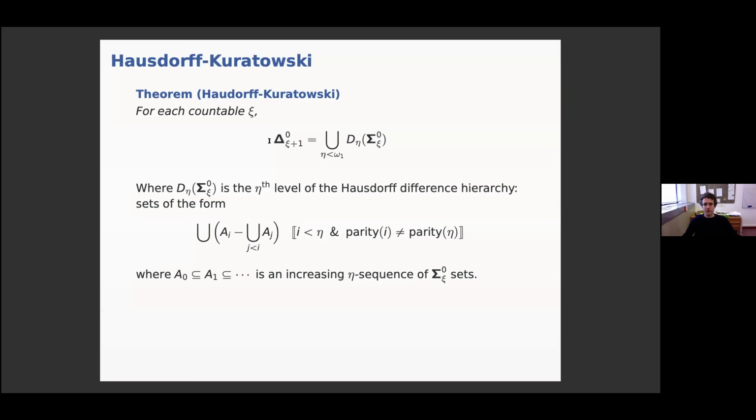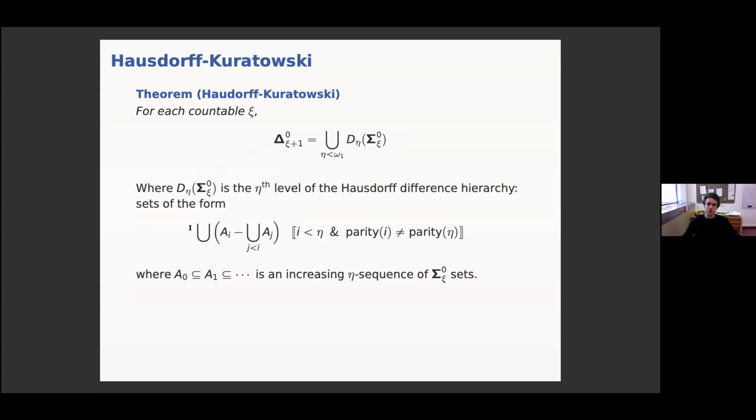It says that every set in level delta xi plus 1 lies in the Hausdorff difference hierarchy. What's the Hausdorff difference hierarchy? D2 is the difference of two sets. So D2 sigma 1 takes an open set and subtracts an open set. D3 is take an open set, subtract an open set, but then add an open subset, and so on.